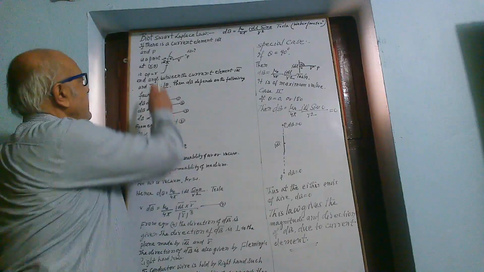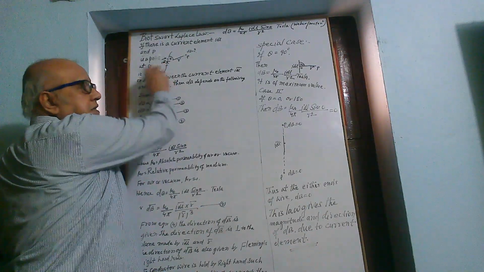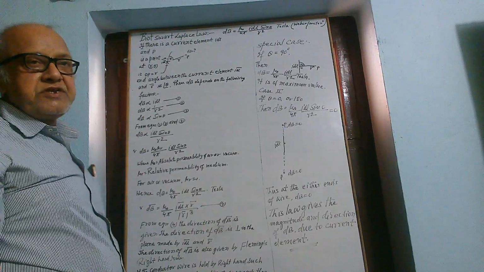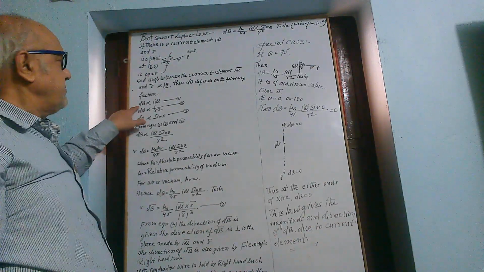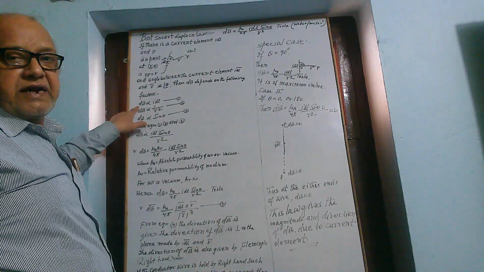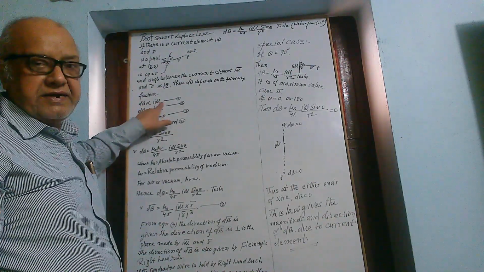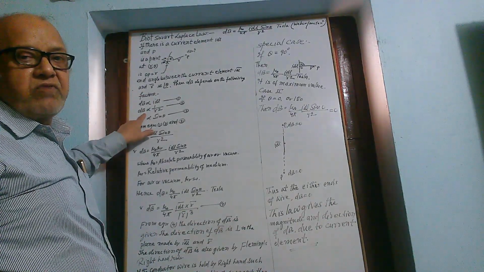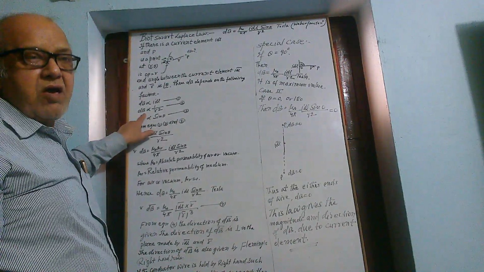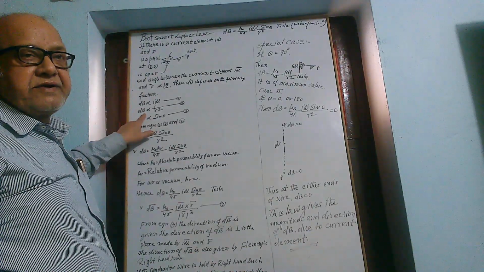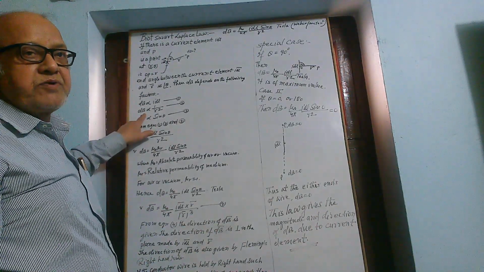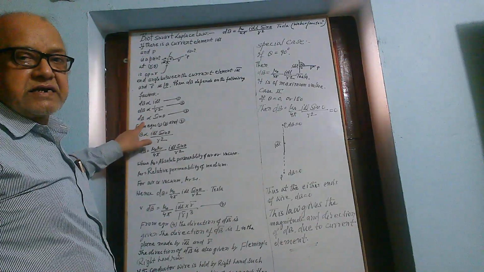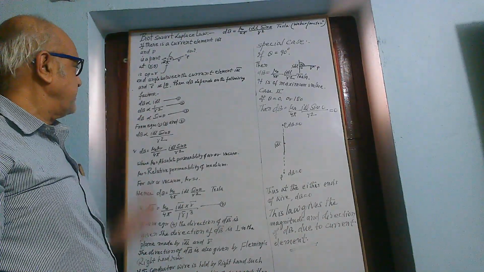Now, due to this current element at point P, the intensity of magnetic induction is dB. Then dB is directly proportional to Idl. dB is directly proportional to 1 by r square, or we can say that dB is inversely proportional to r square. dB is directly proportional to sin theta.